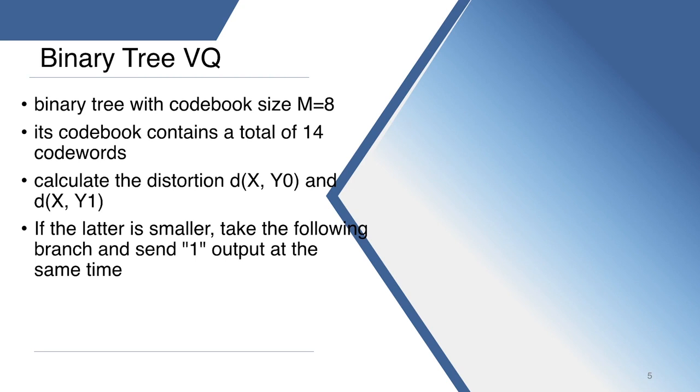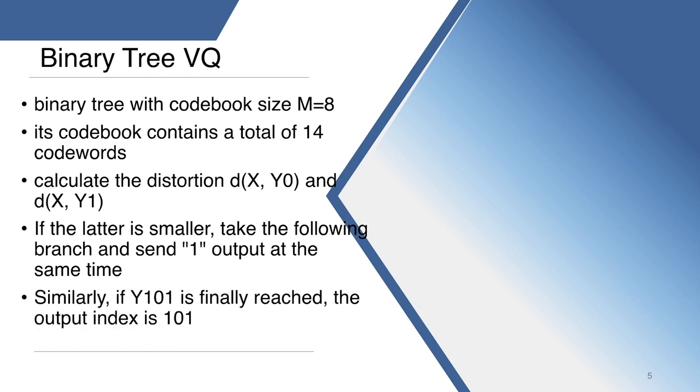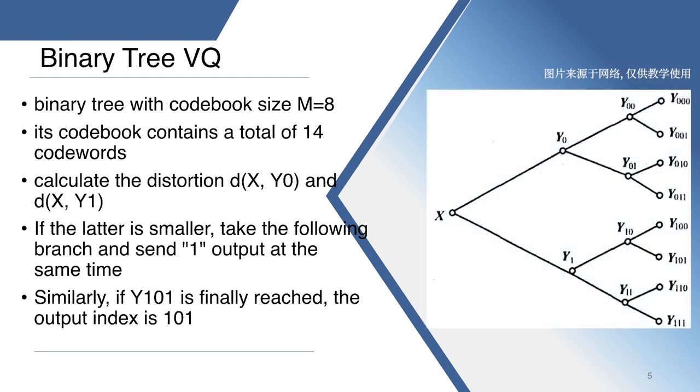If the latter is smaller, take the following branch and send one output bit at the same time. Similarly, if y101 is finally reached, the output index sent to the channel is 101. This process belongs to the process of binary tree vector quantization.